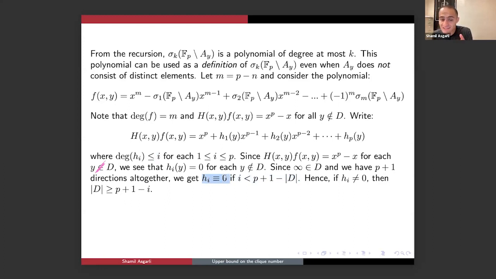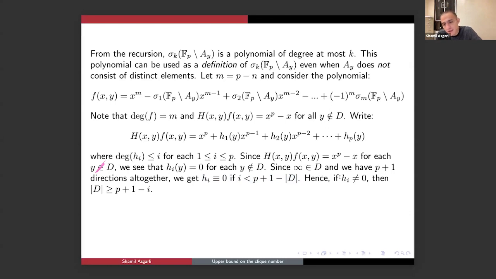But it vanishes in at least p plus 1 minus D points. Why? Because it vanishes for every y that's not in D, and the number of directions that are not in D is p plus 1 minus D, because it's the complement. So you have a polynomial that vanishes in p plus 1 minus D points, and it has degree i. Well, if i is less than the number of points it vanishes at, then the polynomial has to be identically 0. That's what we're saying here.